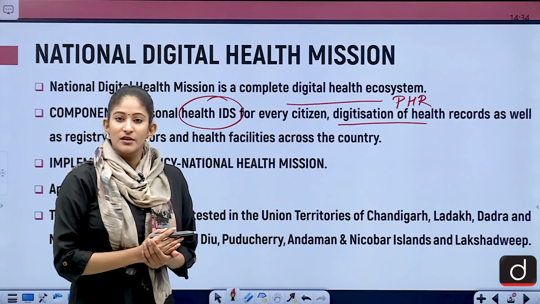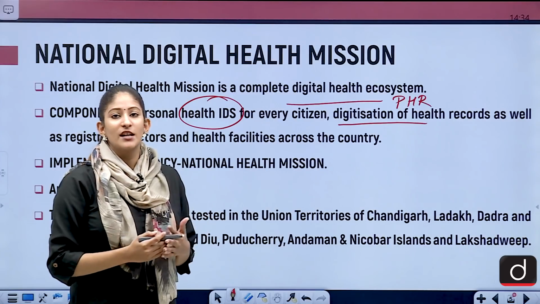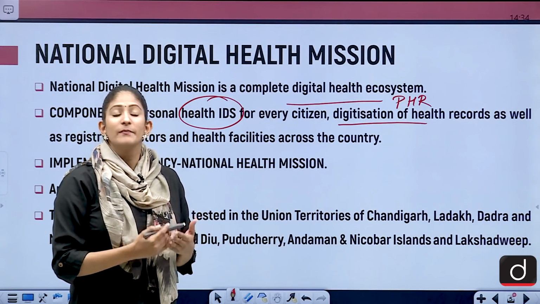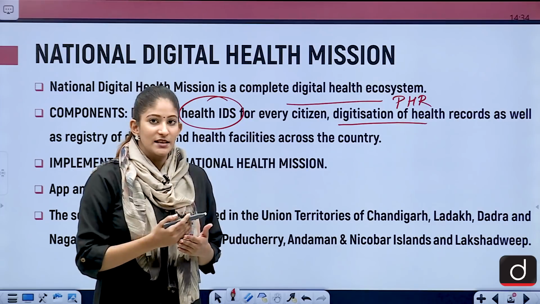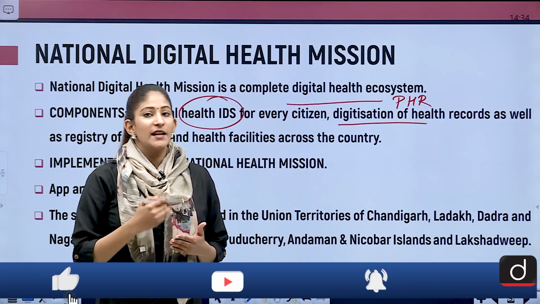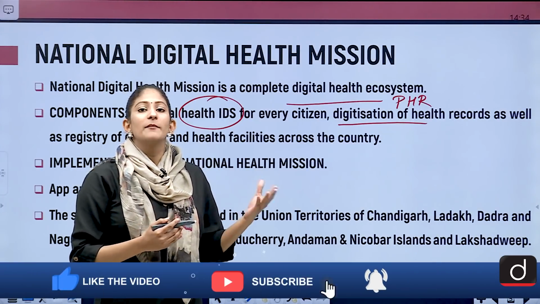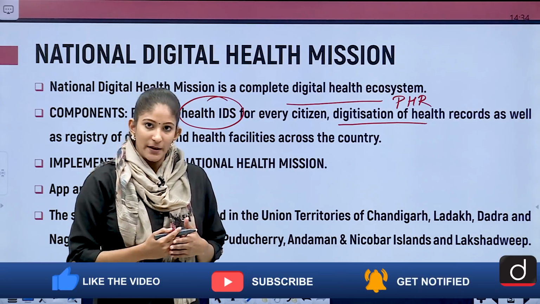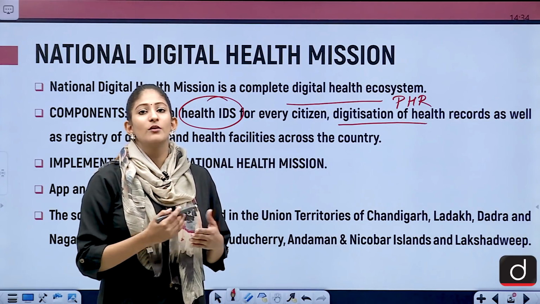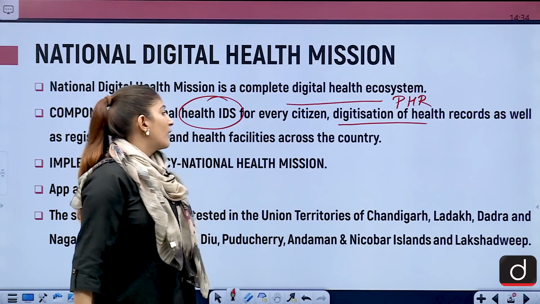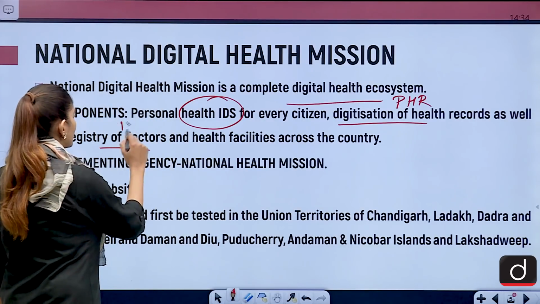Under DigiDoctor, the doctors across the state hospital or centralized hospital will provide their own details as well as contact numbers if they want to, so that they can be easily accessed by different citizens of the country who are looking for healthcare. So this is DigiDoctor.